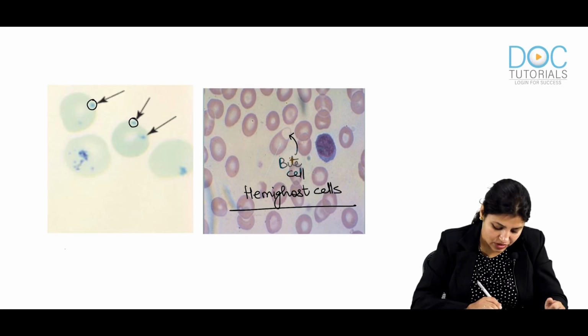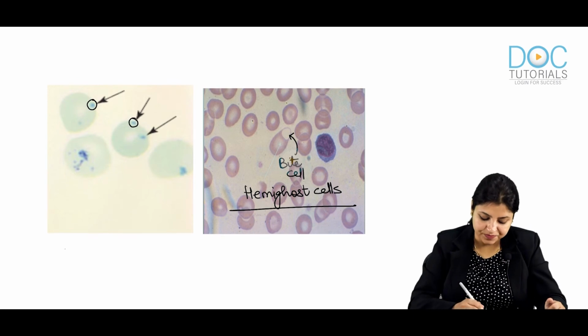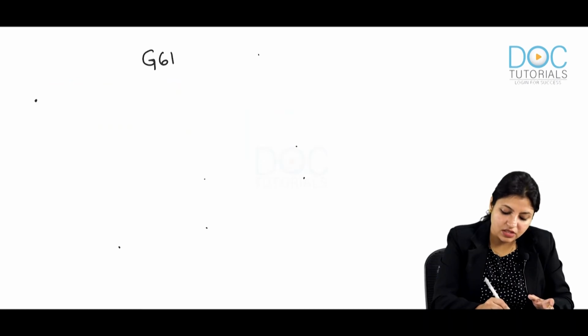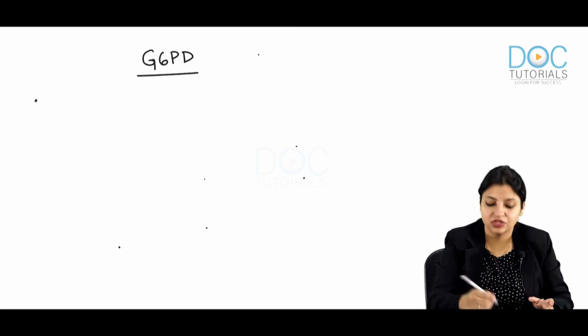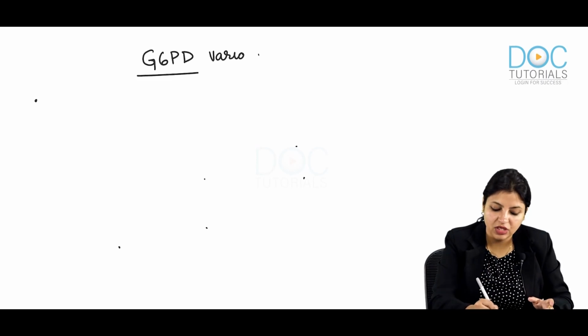Now let's come to the important points that we should know. Let's know about the variants of G6PD. We have a lot of variants of G6PD, which everybody should know.